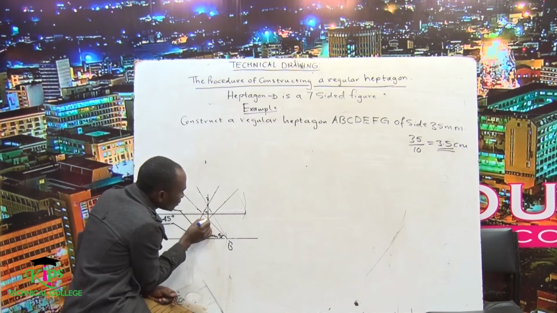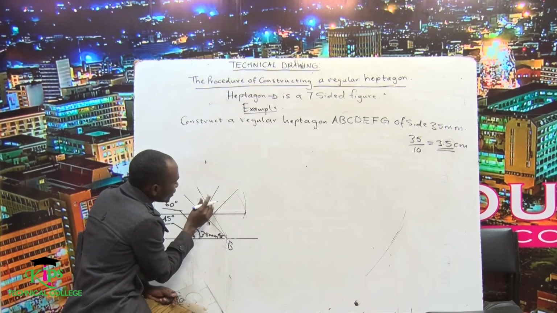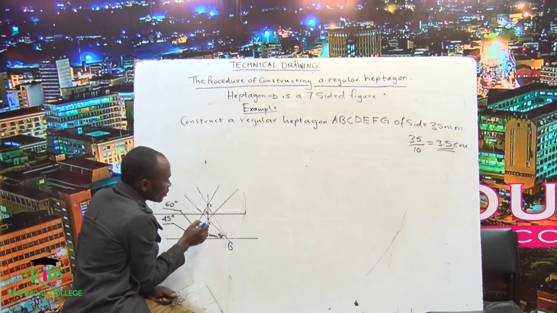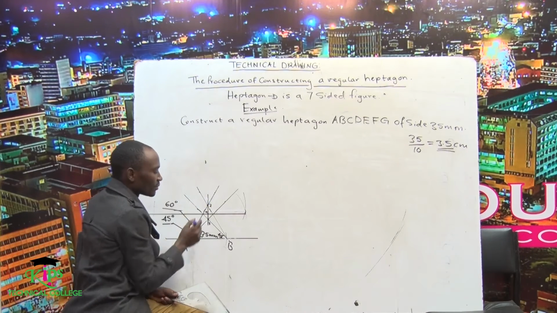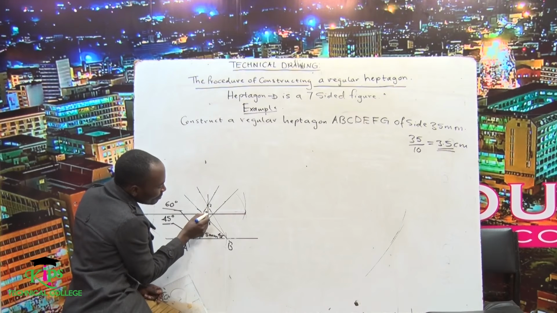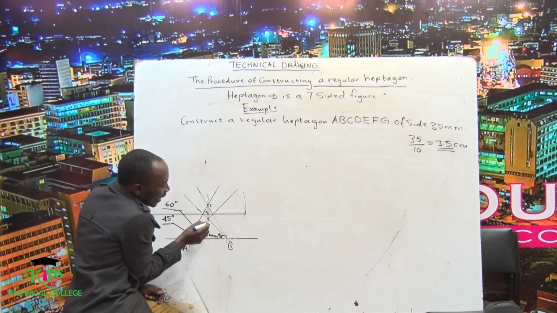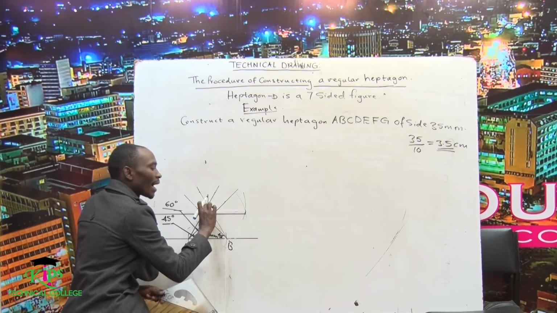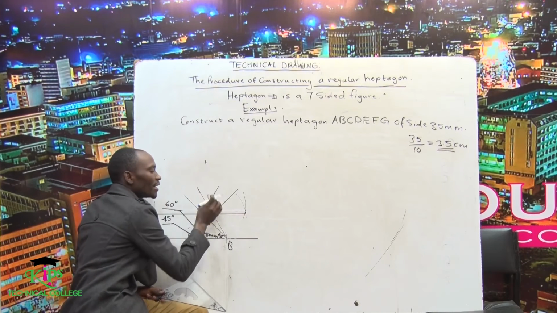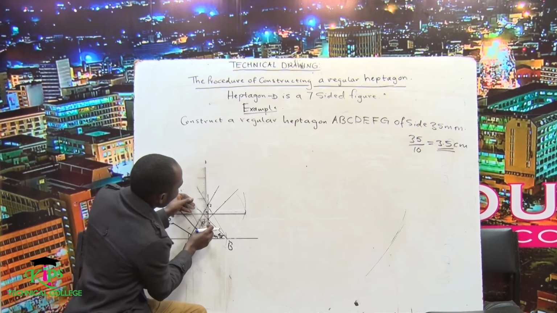We have point 1, O, and point 2. So I will use these measurements, either from point 1 to O or from point O to 2, and transfer them here, and also put a mark.